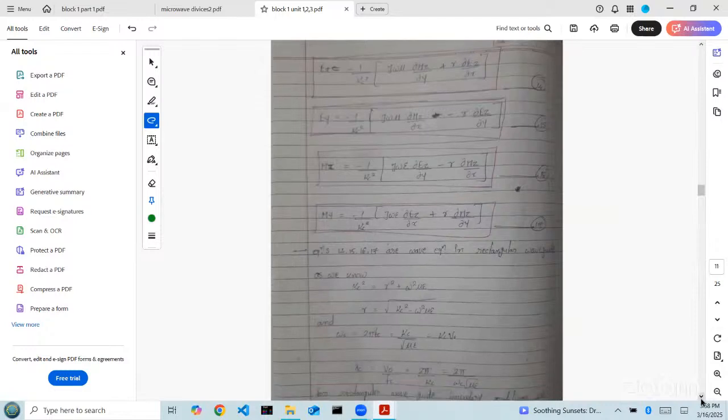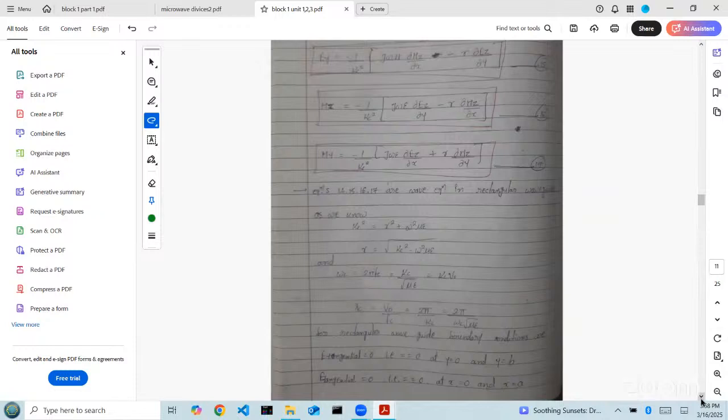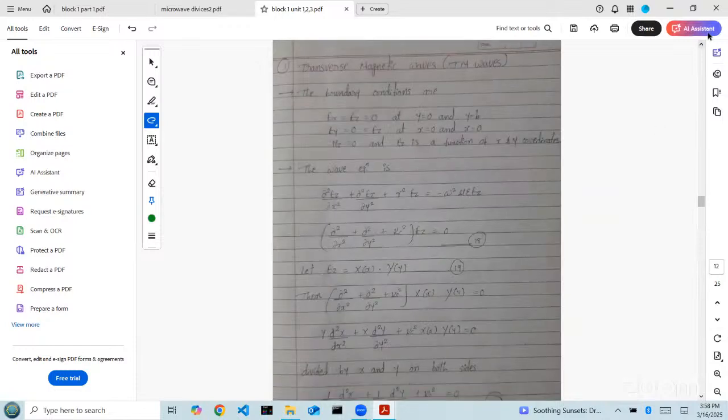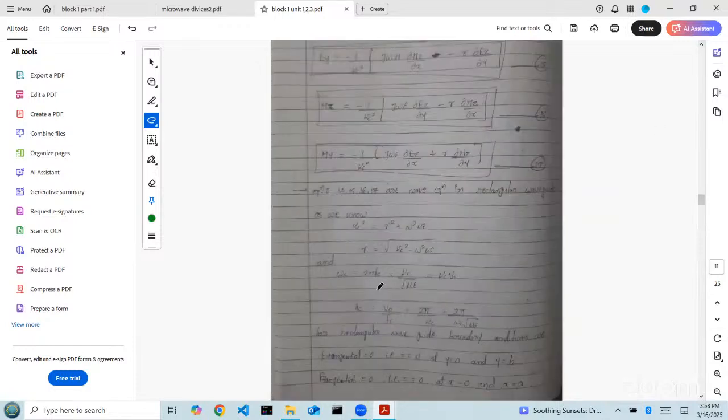What is omega c? 2 pi fc, which is also equal to Kc by root mu epsilon. Taking 1 by root mu epsilon as V0, the same as in the textbook, this is Kc times V0.